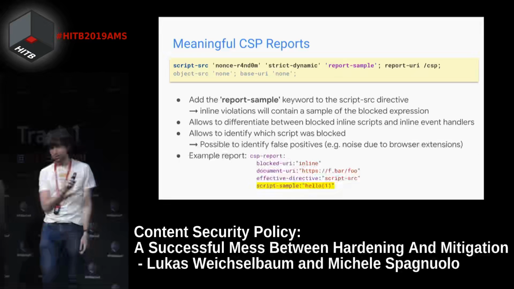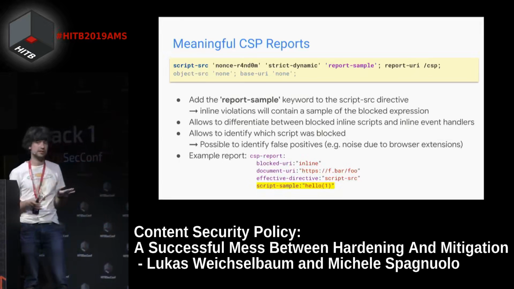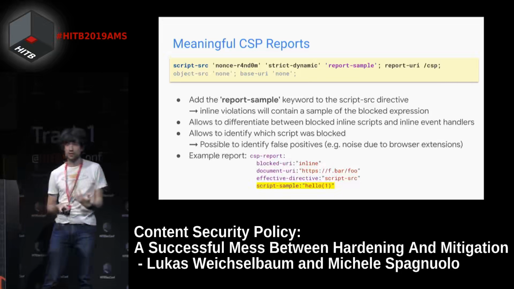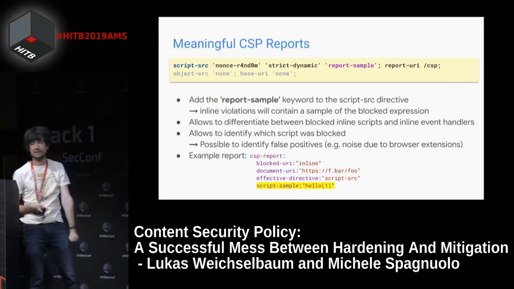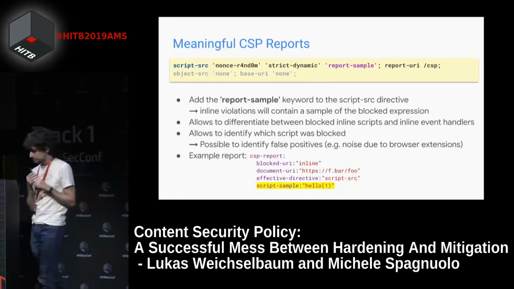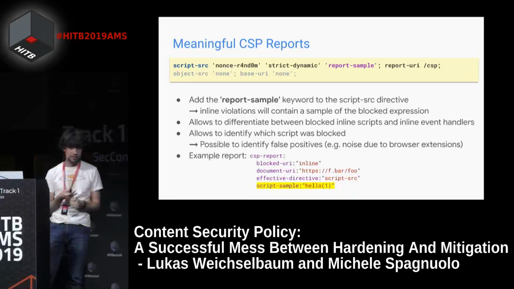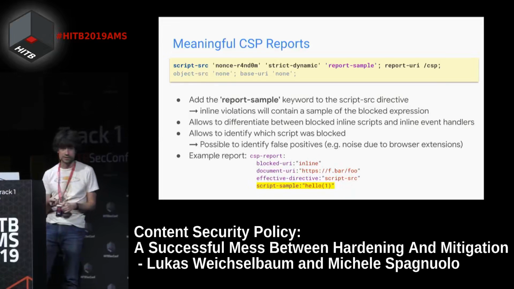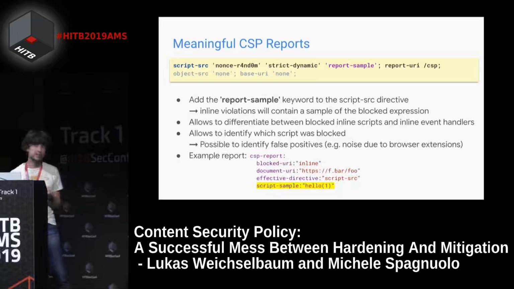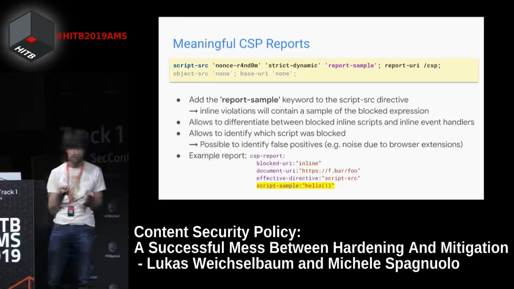What we suggest is to also add report-sample in the policy. The only thing it does is instruct the browser to also include the first bytes of the blocked script. I think it is 40 bytes, so it's very little. It's very useful because most CSP violation reports are noise. They are due to browser extensions, or antivirus software, which is indistinguishable from malware, by the way.